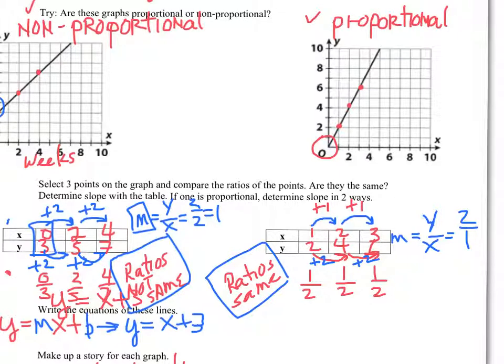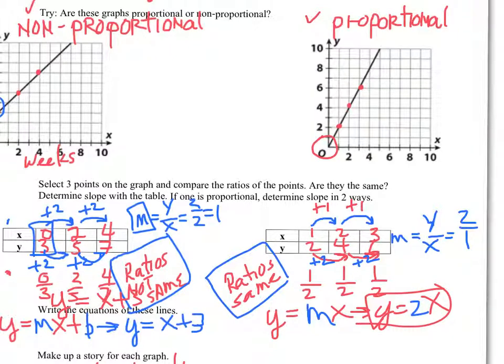The equation in a proportional graph shows y equals m, the slope, times x. And since the y-intercept is 0, it is not listed as b. We would rewrite this as y equals 2 times x, where m is the slope. That would be our equation.